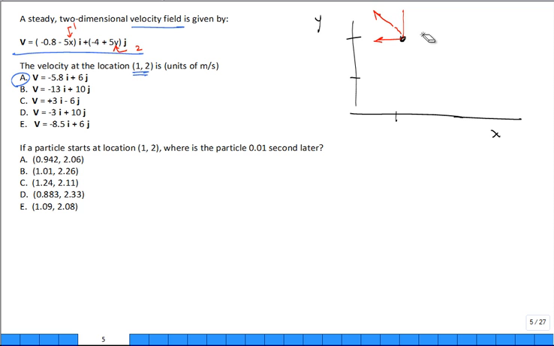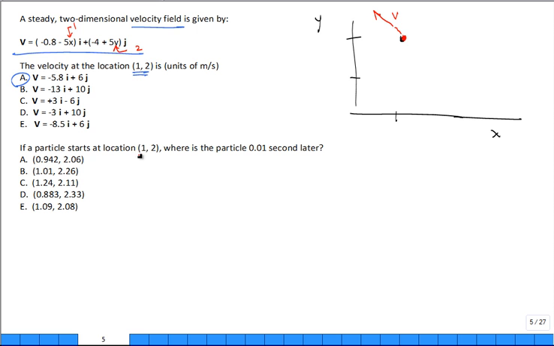Isn't that the vector just like that? Wouldn't that be the v at this point? Negative 5.8i plus 6j. So at that instant in time, now I know it's steady state, so at every instant in time in this flow field, because it's steady state, any fluid particle going through the point 1, 2 is always going in that direction with that speed.